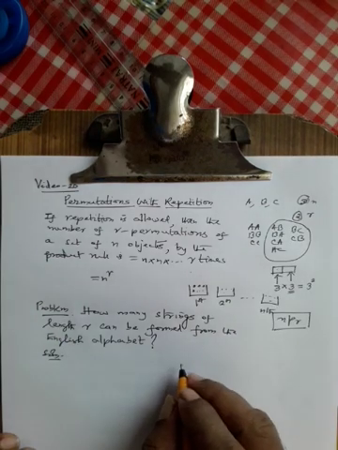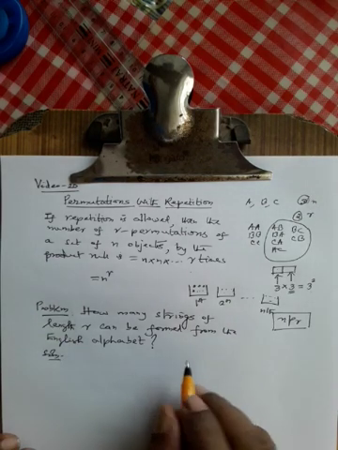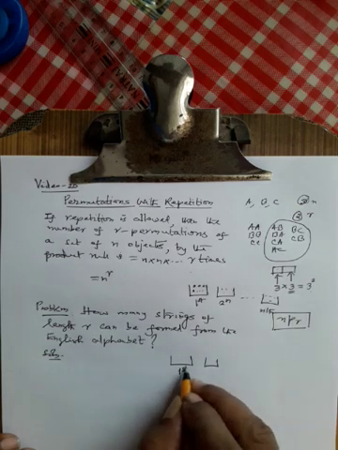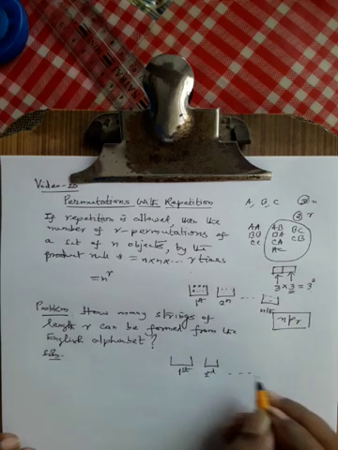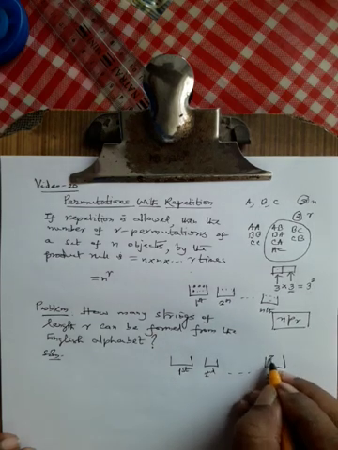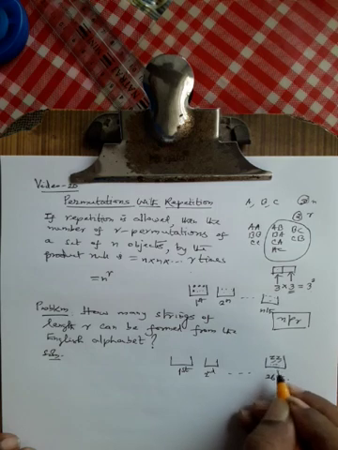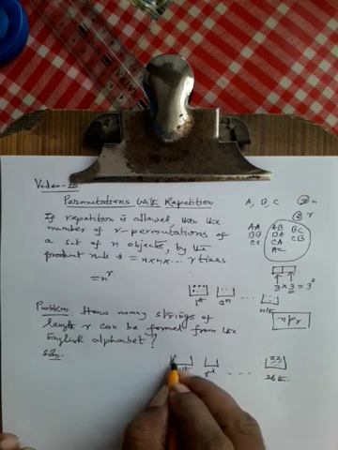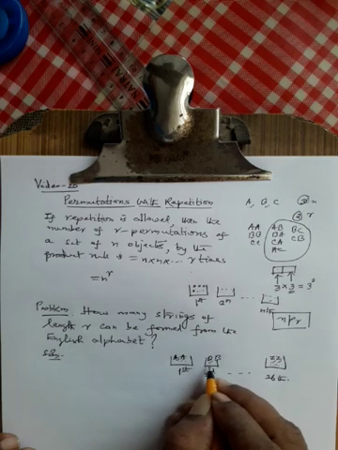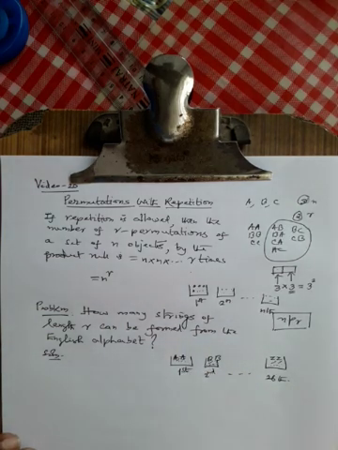Now here the problem is the English alphabet, there are 26 letters: first, second, up to the 26th one. Here many z's are there. A minimum of r number of z's must be there. Here r number of a's are there, here a minimum of r number of b's are there.